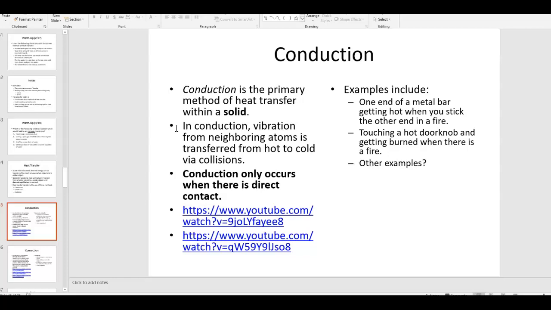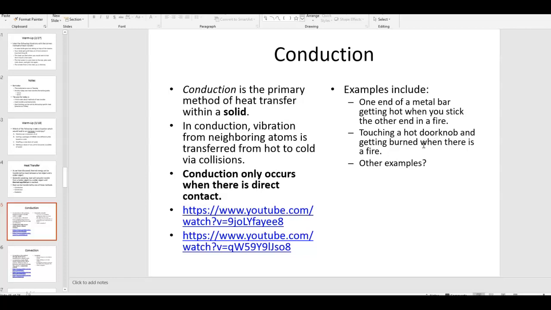You don't typically see conduction with a gas or with a liquid. It is possible, of course, but in a gas and a liquid, the atoms are pretty spread apart and they cannot collide with each other as easily. Okay, so some examples of conduction. If you put a metal bar into a fire and the heat transfers through the bar from the fire into your hand and you burn yourself, that's an example of conduction.